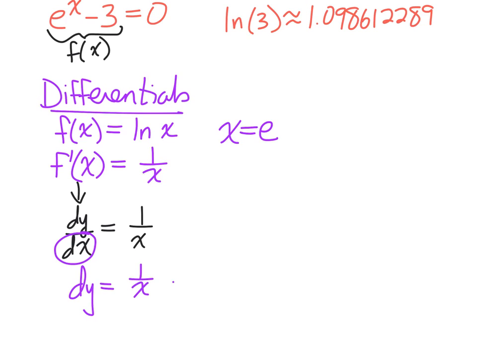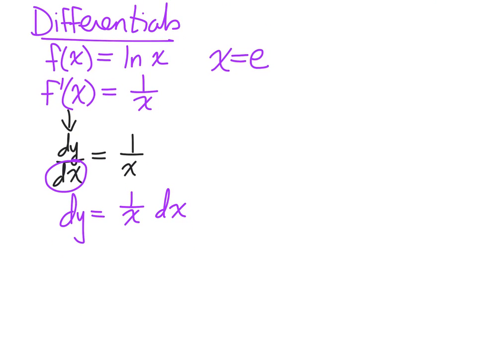So this is where it gets a little weird, but it's actually not that bad. It's just not going to look really that nice in the final answer. But that dy represents your estimated value. Estimation, approximation means the same thing.